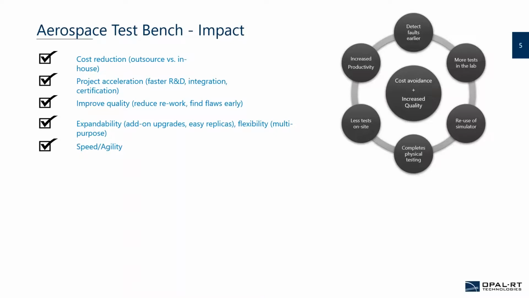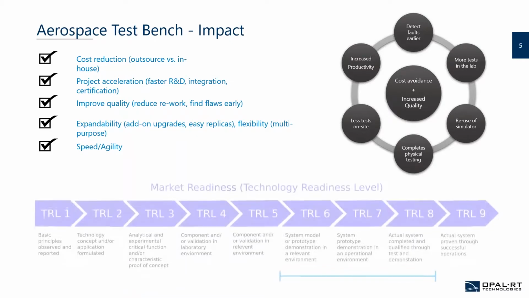We want test benches to be easily upgradable and able to be replicated, to extend the testers on different fronts. In aerospace, especially when you have a program for a new ECU, usually we have more than one bench, because there's not only a single team that will test the systems, and that brings a lot of speed and agility in the test and the certification.